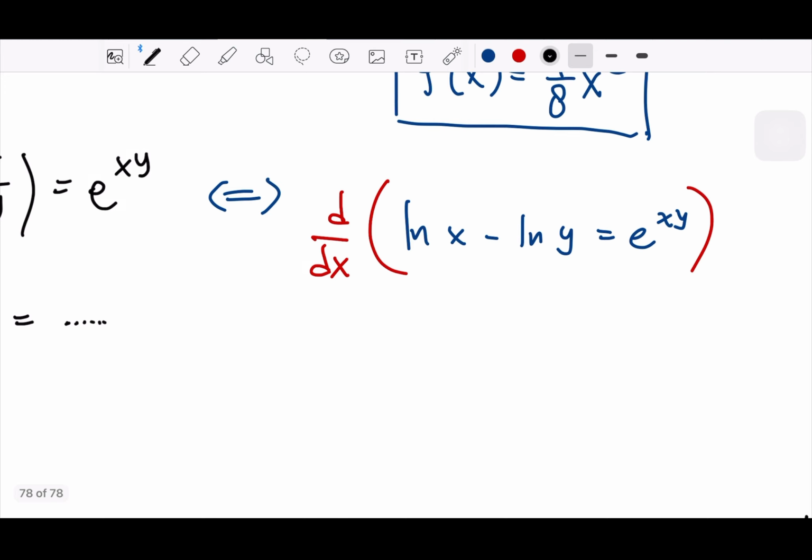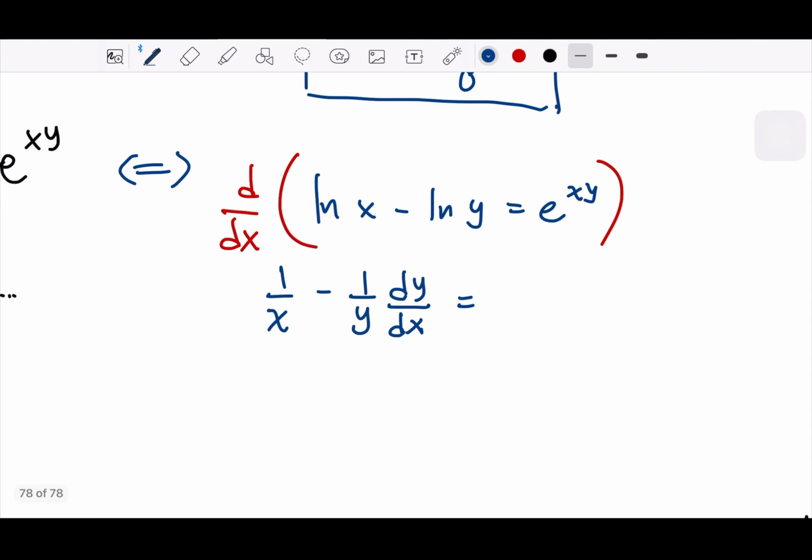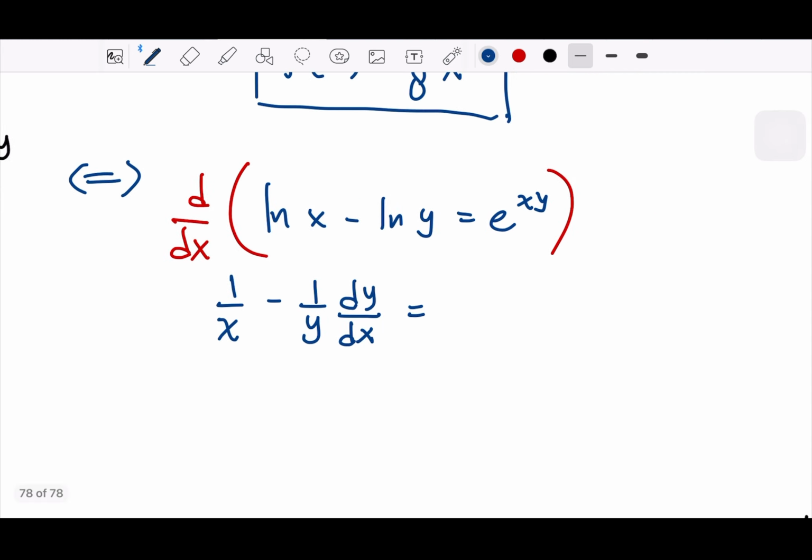So this will be 1 over x minus 1 over y, and don't forget, every time we differentiate y, we add dy over dx. And then the right part, we see e. Remember, if we differentiate e, we will have the same original expression multiplied by the chain rule. So let me write the chain rule.